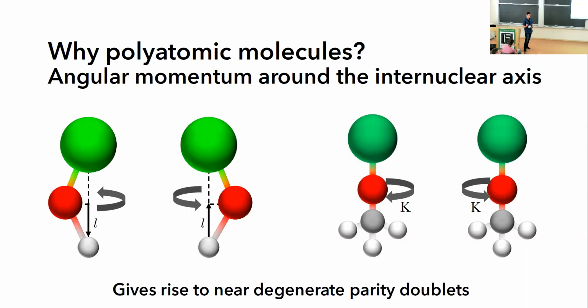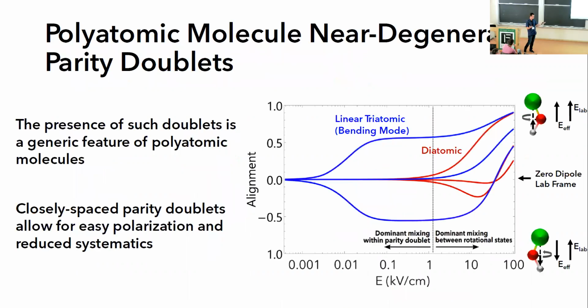These are the near-degenerate parity levels that you use to couple your molecules, to fully polarize them and have long-range interactions. So the presence of such doublets is a generic feature of these polyatomic molecules. Because they're closely spaced, it's much, much easier to fully polarize these triatomic molecules than it is to polarize their diatomic counterpart.